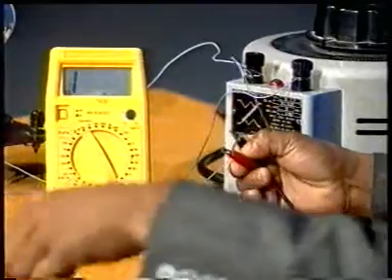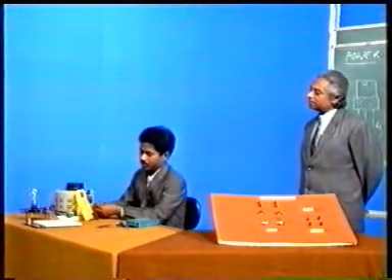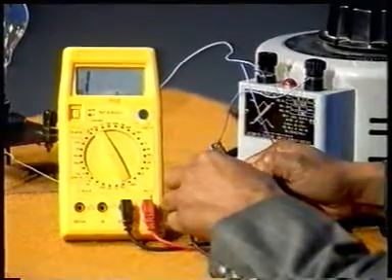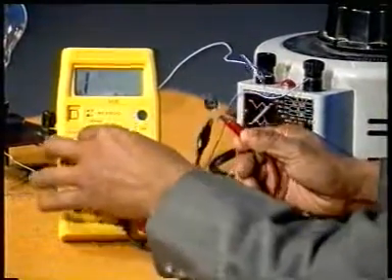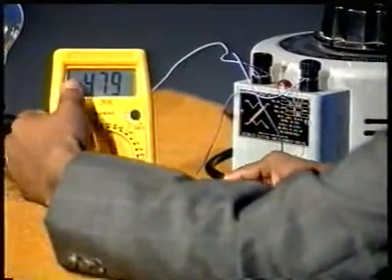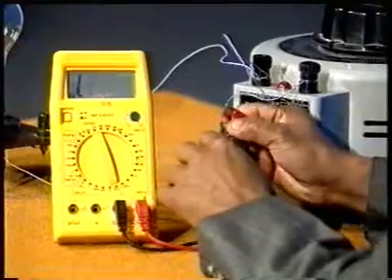Now for the plastic pack, this is the plastic pack, again between gate and cathode, the range is to be changed, yes, and the meter is showing some resistance. You can reverse it please.